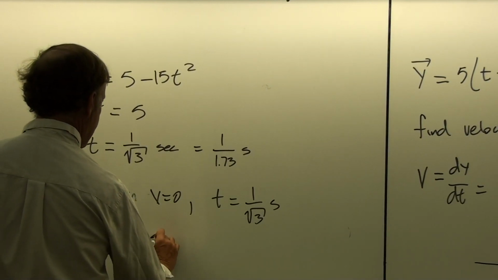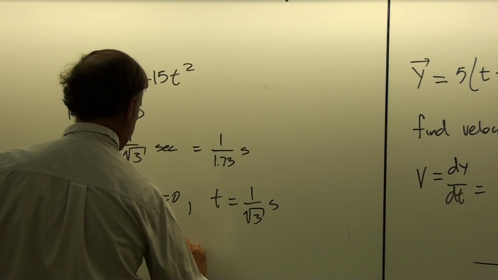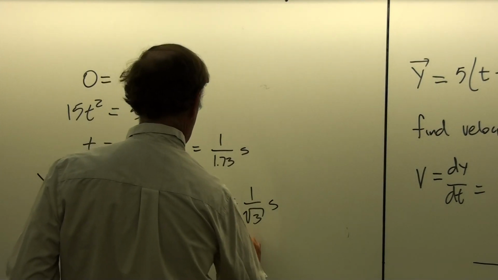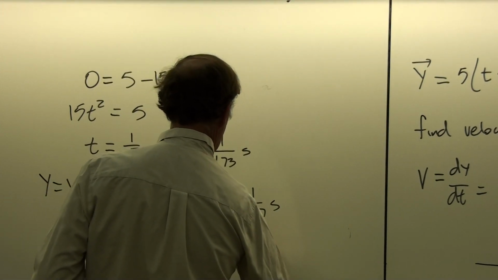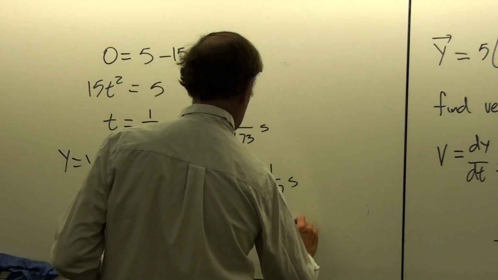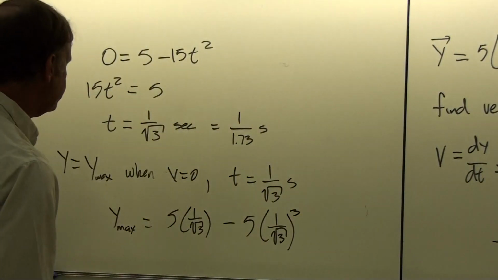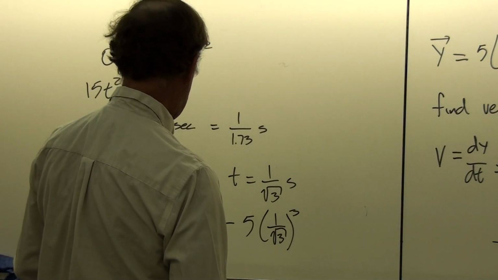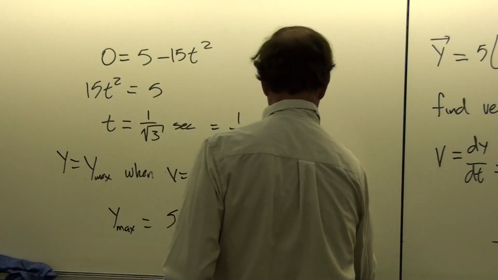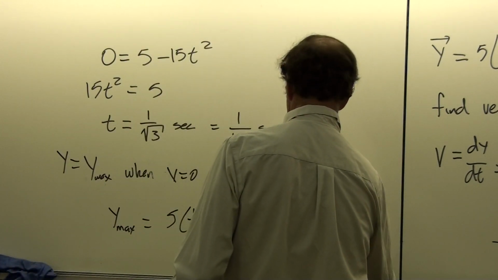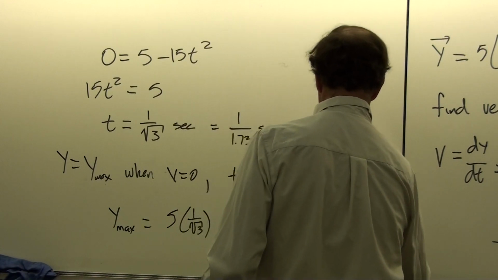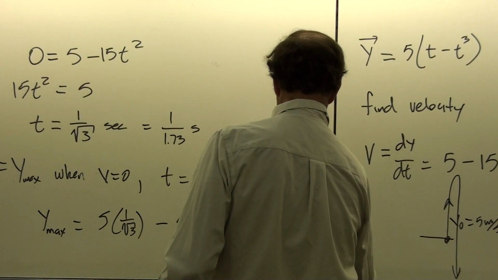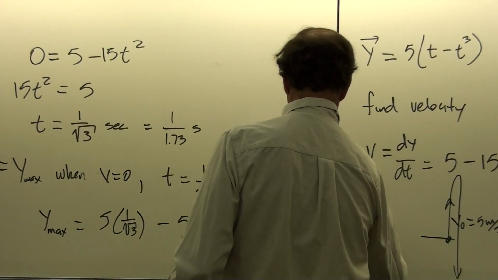So that gives me y max equals 5 times 1 over square root of 3 seconds minus 5 times 1 over square root of 3 cubed. And so that then is going to be equal to 5 over root 3 minus 5 over 3 root 3 seconds.